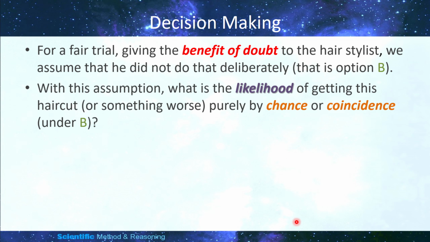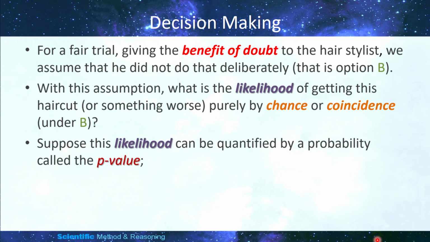And with this assumption, what is the likelihood of getting this haircut or something worse purely by chance or coincidence under the assumption of B? Suppose this likelihood can be quantified by a probability called the p-value.